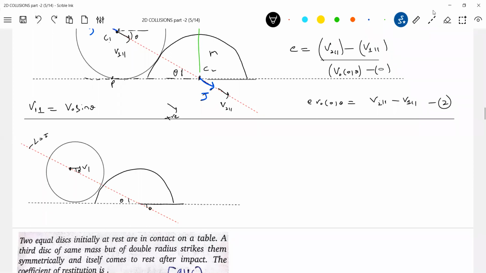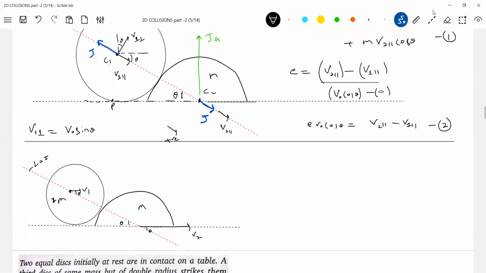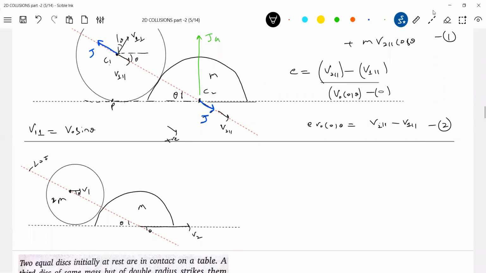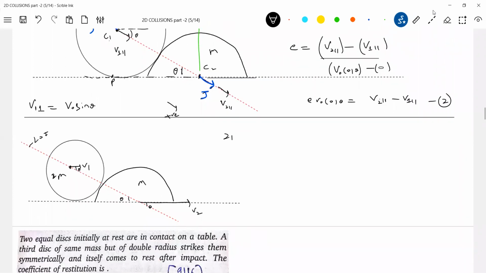So this is the velocity v2. This is m, 2m. Why? As already told, the component of impulse by the ground will act along the line of impact, so momentum is not conserved. Therefore, only along the x-axis it's conserved. So I'll write a very simple equation: 2mv1 plus mv2, so 2v0 equals v1 plus v2.